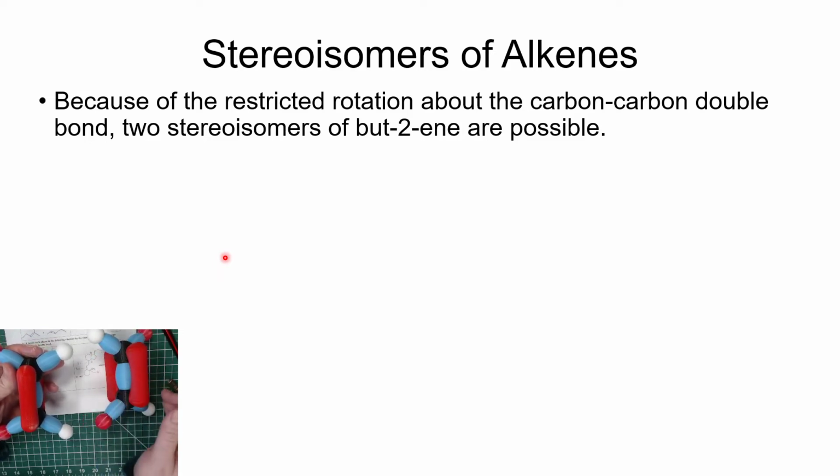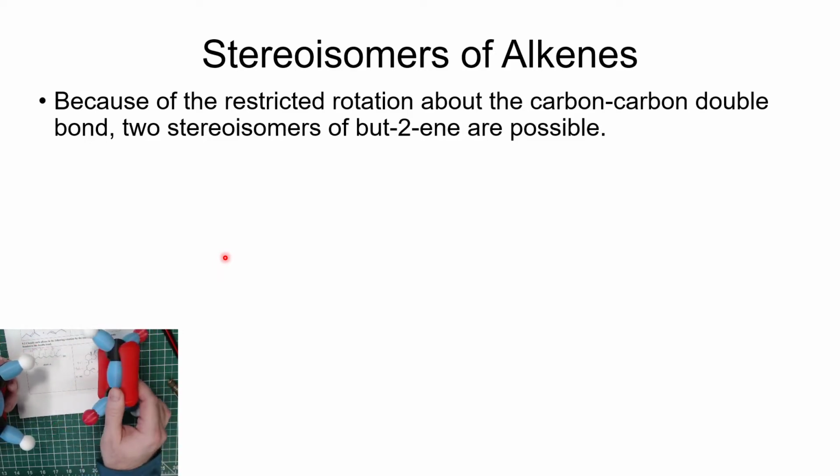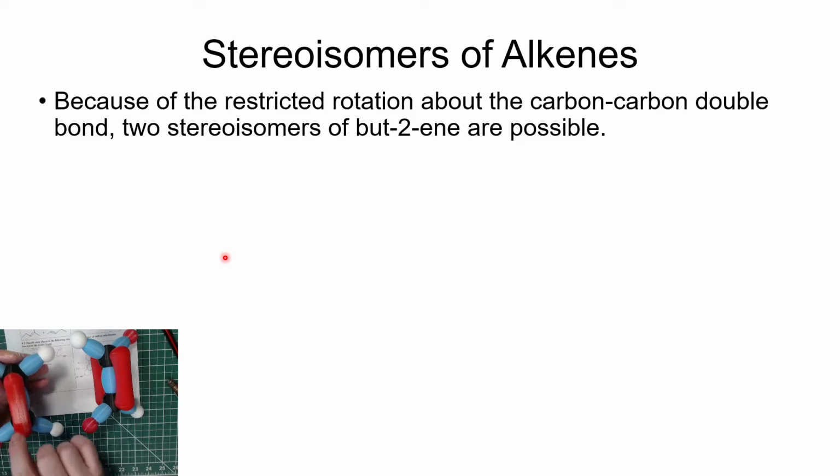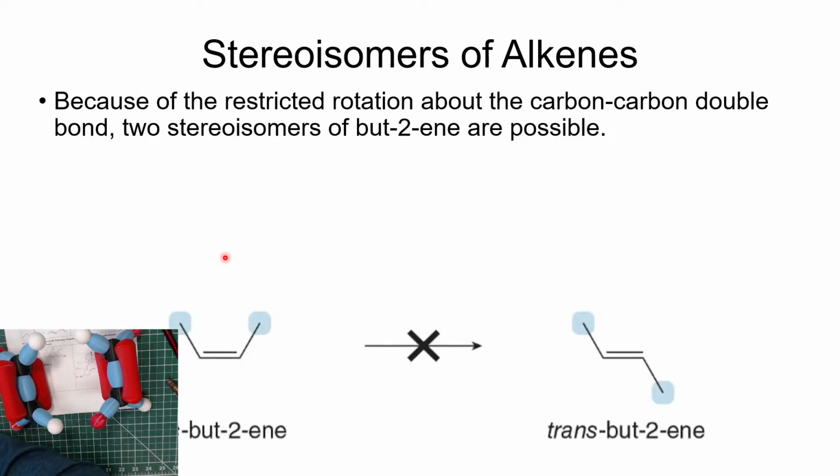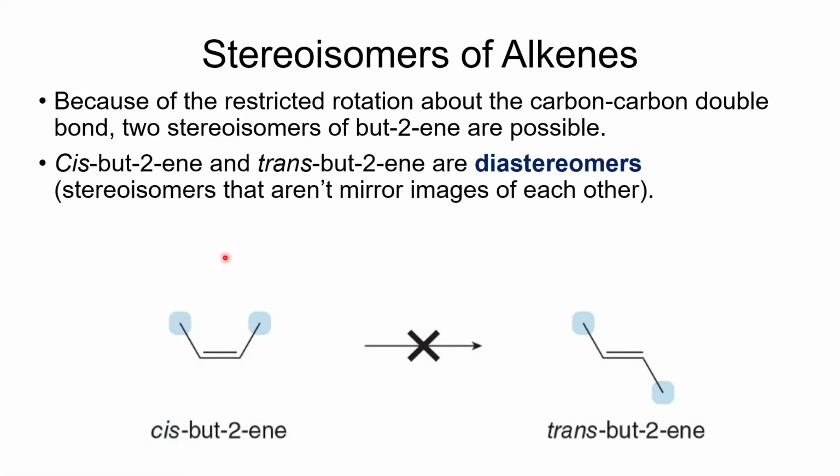Conversely, you can also go the other way, where you have some of the trans and you heat it up and you'll get some of the cis. But that does not happen at room temperature under normal conditions because that pi bond is too strong to allow that rotation to occur.